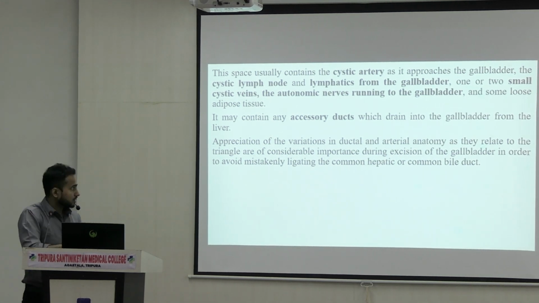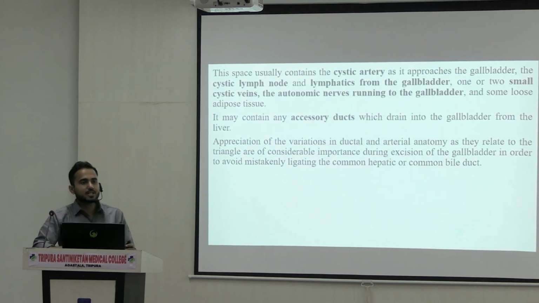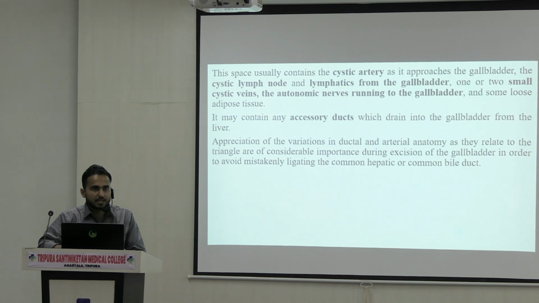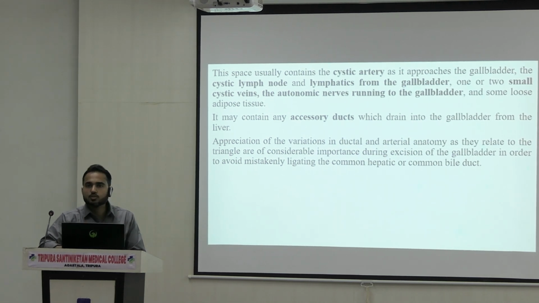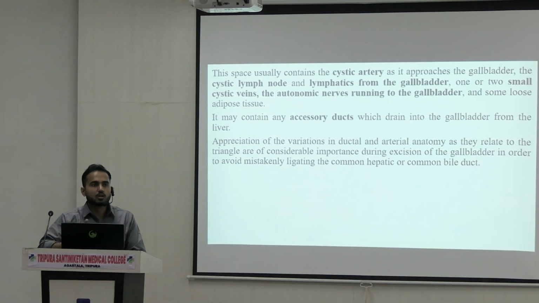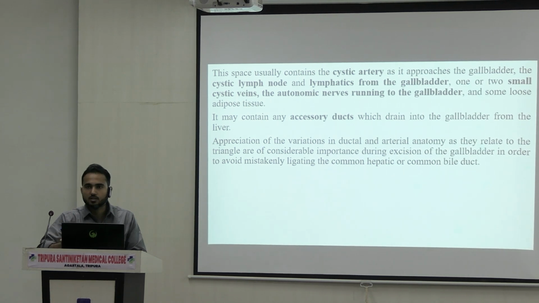Now we'll see the clinical significance, why it is important, why we have to study particularly about this triangle. Whenever cholecystectomy is done, what is cholecystectomy? Surgical removal of the gallbladder. At that time, care has to be taken so that the bile duct, cystic duct, or hepatic duct should not be ligated.